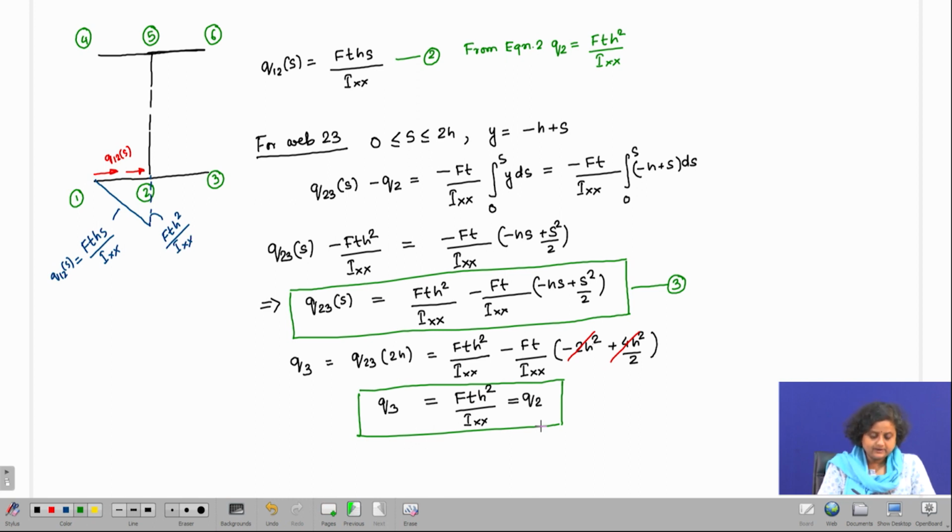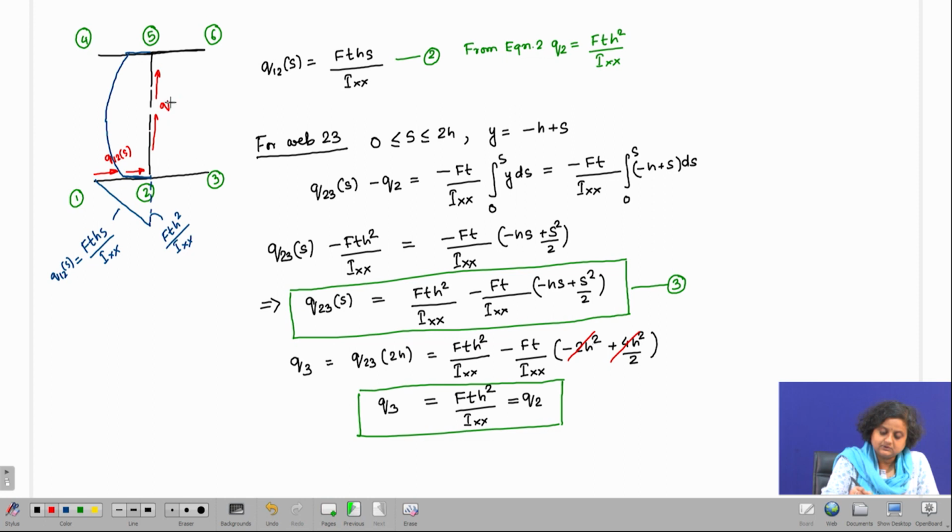Now, if we try to draw the shear flow distribution Q23S, this is going to be looking like this. So, this will no longer be linear, but it is going to be a quadratic distribution, and it is going to look something like this, and this is the direction of Q23S.